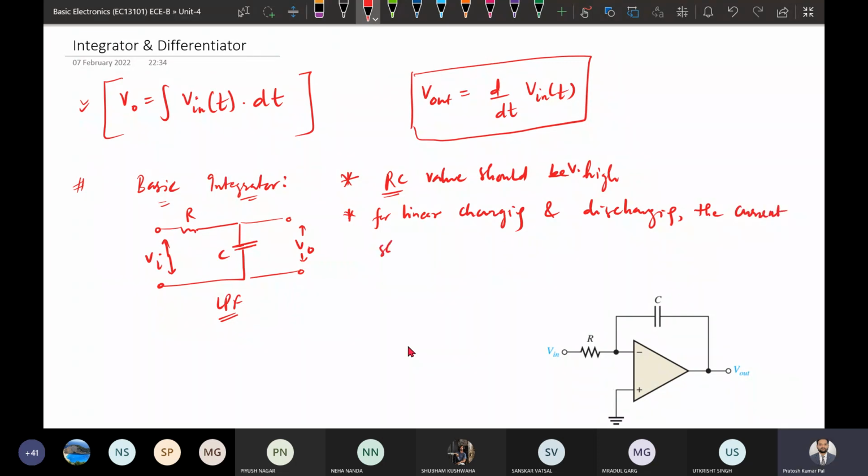This is the property this RC circuit should have.